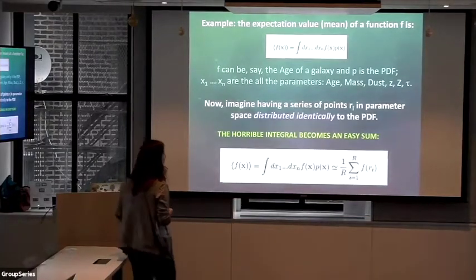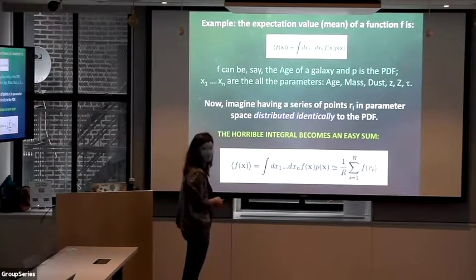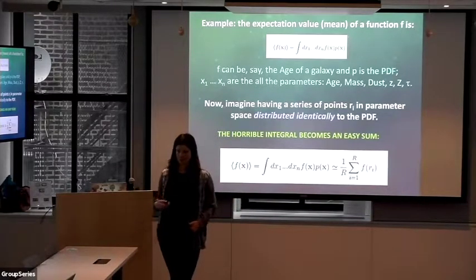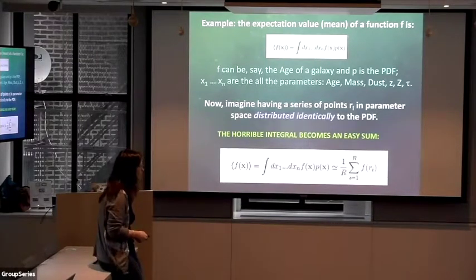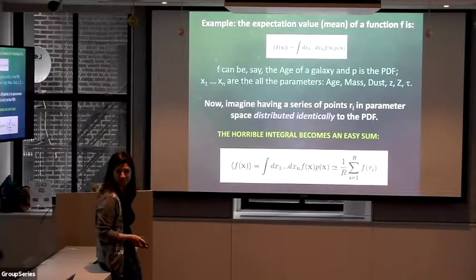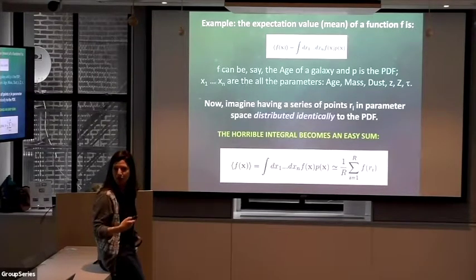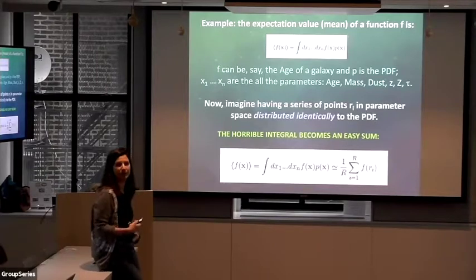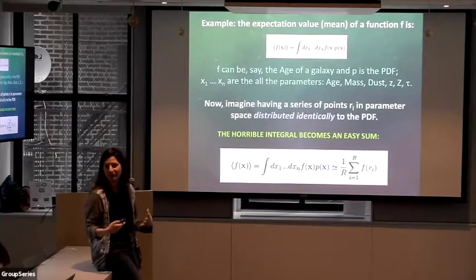And so if you have this series of points, which we are calling Ri, basically all you will have to do to compute the same integral will be to sum the value of your function, my function f for me was age, at all the locations of the points. And so this is really, I feel like, the magic of MCMC. It's not a method that allows you to do things that were impossible to do before. It's just a way, at least in my view, of making that process a lot simpler.